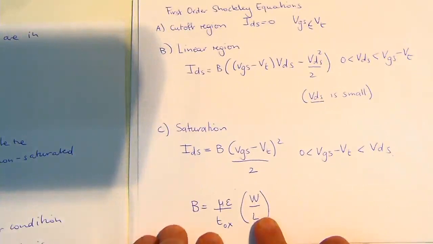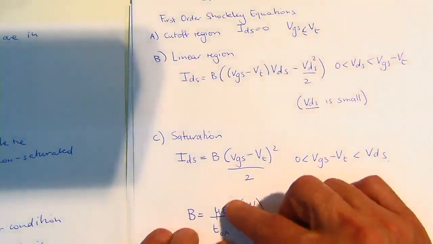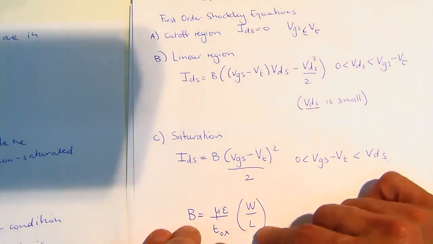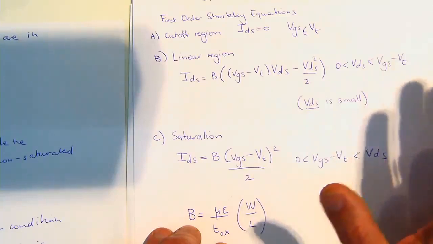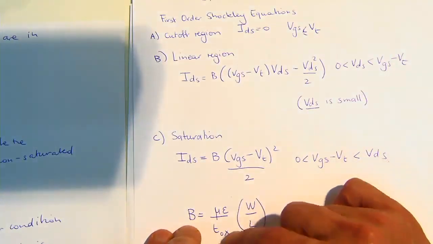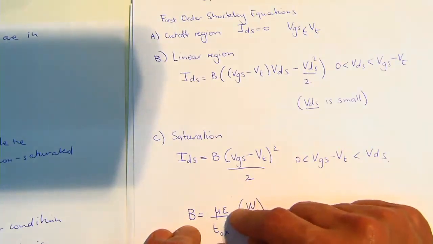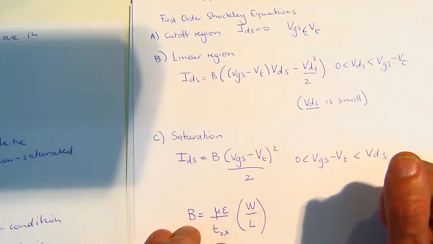If I write beta here, where beta is epsilon, over the oxide thickness, times the ratio of width to length. Let's assume they're exactly the same size, so width, length, Tox and epsilon, the permittivity, are all the same. Why wouldn't the betas be the same?